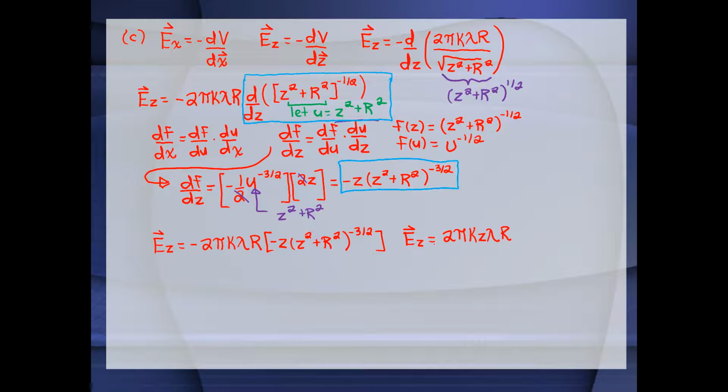And then we're going to divide that by z squared plus r squared all to the power of 3 over 2. Now, let's see if that looks like the equation we derived last time.